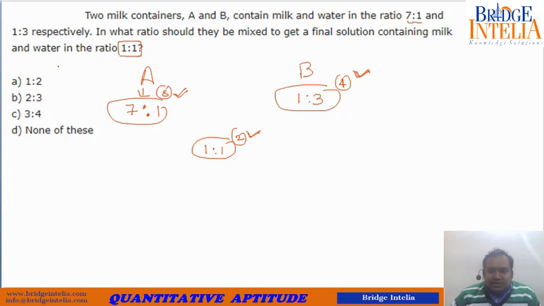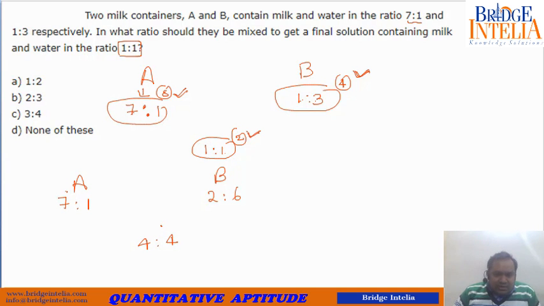So try to make the terms such that the sum of terms comes out to be 8. So now restructure this ratio A, B and the resultant. The sum of this is already 8, so let this be as it is, 7:1. So this can be written as 2:6. And this can be written as 4:4.